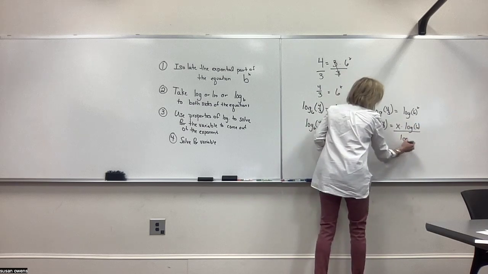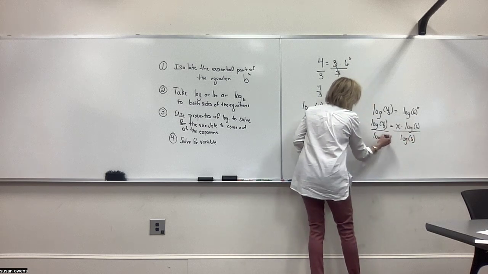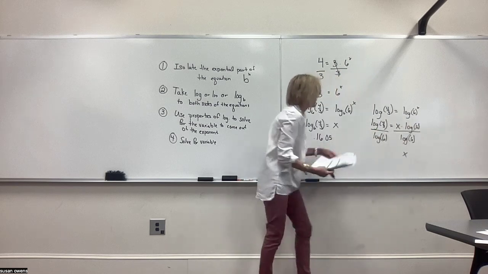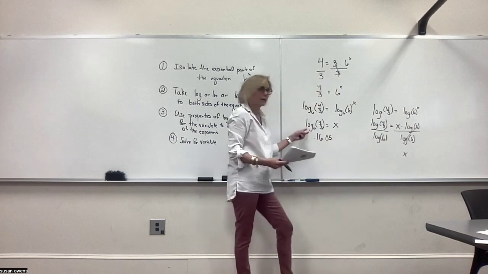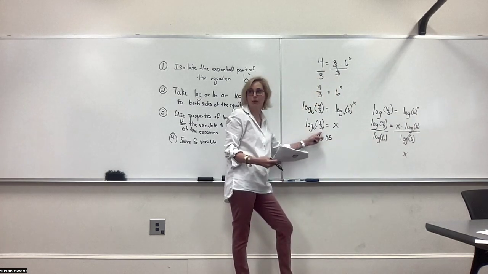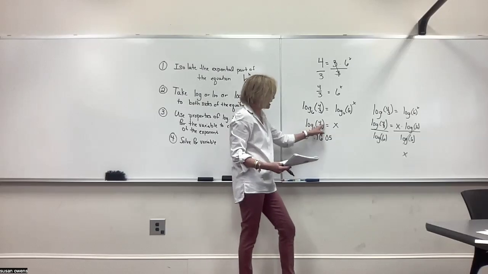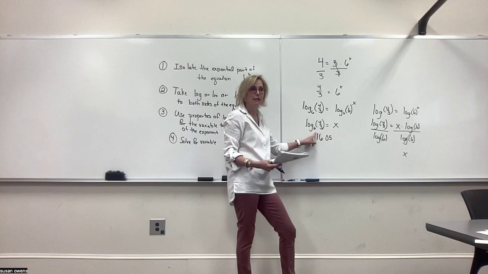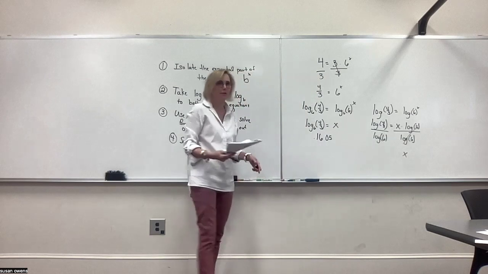We would divide by log of 6. And you get x is equal to log base 10 of 4/3 divided by log base 10 of 6. That's just your change of base rule, right? That we learned the other day. So if you're changing the base to a log base 10, it's log of the argument divided by log of the base. Okay, so we should get the same answer, 0.1605.